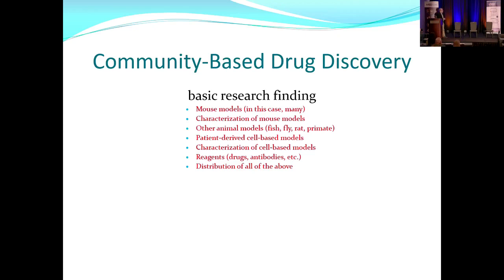There are other animal models that are useful too, and I would not rule out fish, fly, rat, and well, I would rule out primate models because they're really expensive. So that's something you might get to eventually, but Drosophila, fruit fly models in particular, are really, really cheap and easy to work with. So you can generate all kinds of mutations in fruit flies and spawn thousands of fruit flies, as anyone knows who's left the bananas out on the counter for too long.